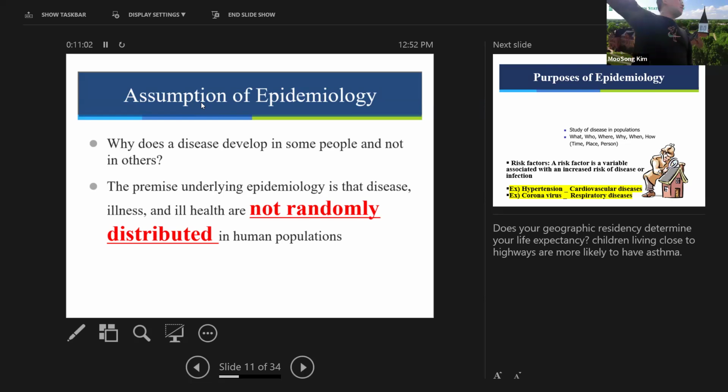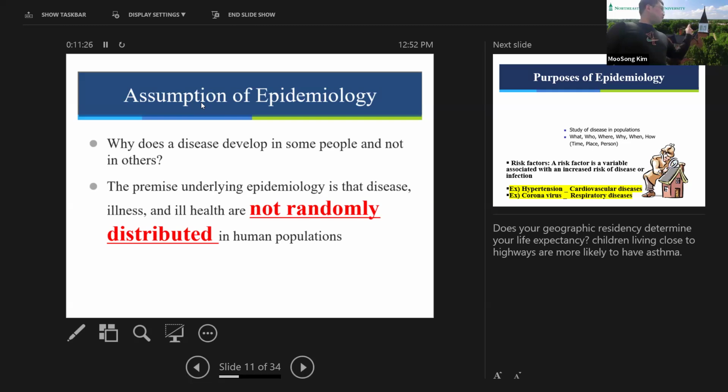What does it mean by this? Not randomly distributed. I highlighted this one in red and a bigger font. Why? Not randomly distributed. What does it mean by that? There has to be a reason for the disease. Yes, very good.